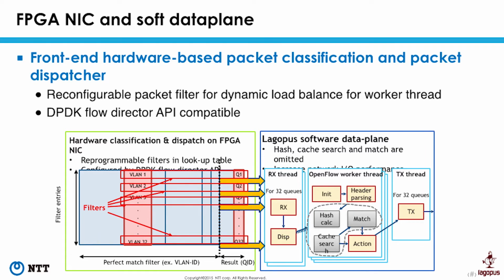So if we do some VLAN tag match and IP lookup, we can offload the very simple lookups, such as VLAN or MAC address lookup, to the hardware.